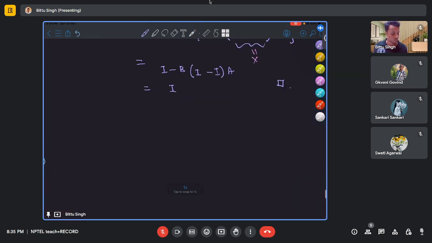Now let us prove another thing. This question is also from the book, which says A and B are n by n matrices.